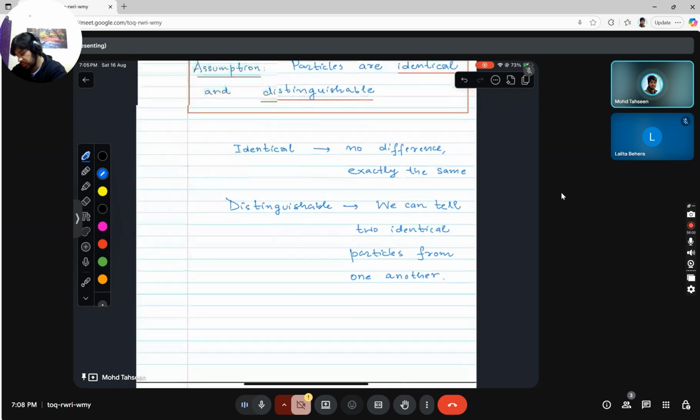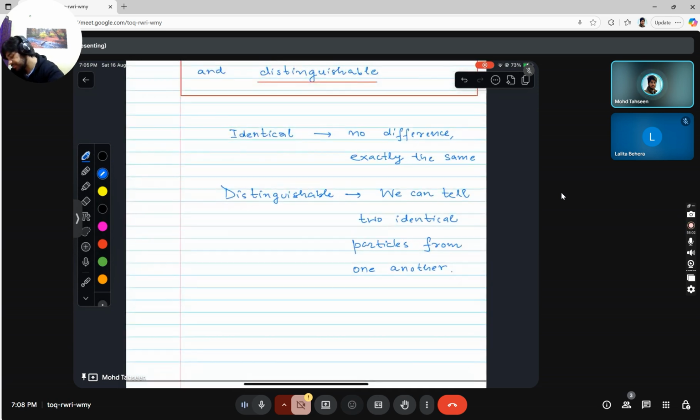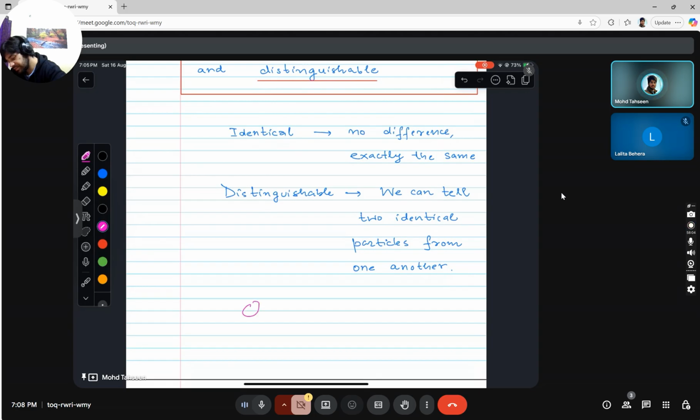So what does that mean? It means that, let's say we have two cricket balls.